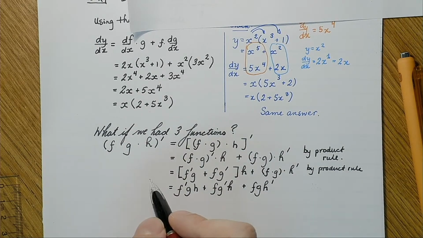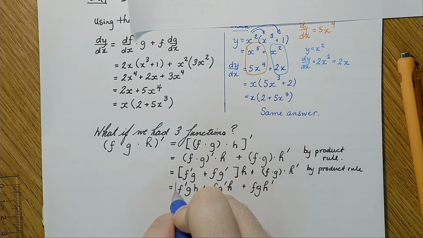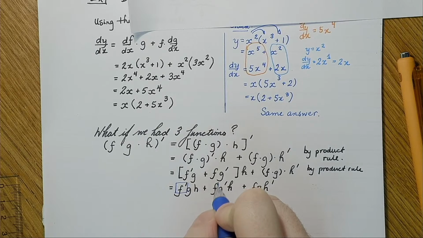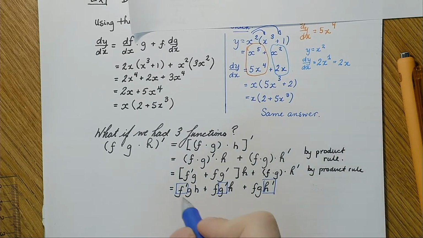So if you have three functions, basically you have f, g, h, and it's three terms here. On the first term, it's the derivative of the first function. On the second term, it's the derivative of the second function. On the third term, it's the derivative of the third function. So you can see my box is moving to each function on each term.